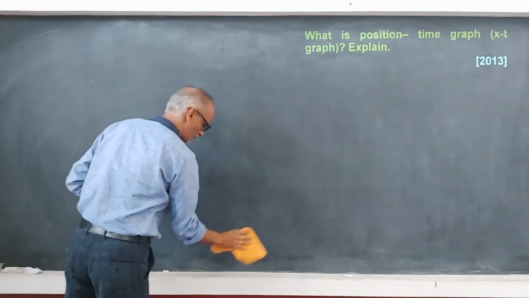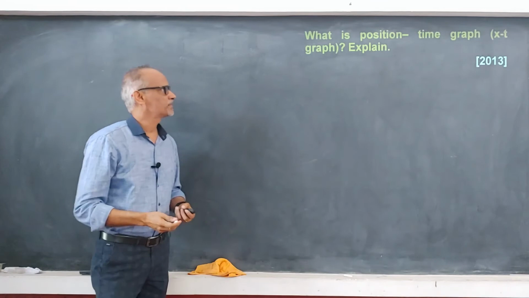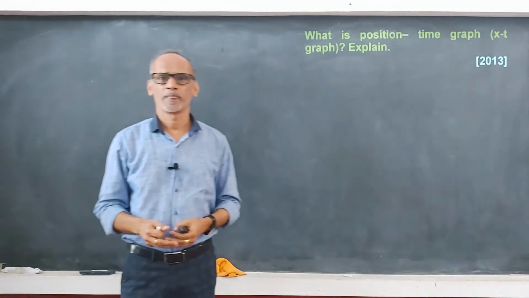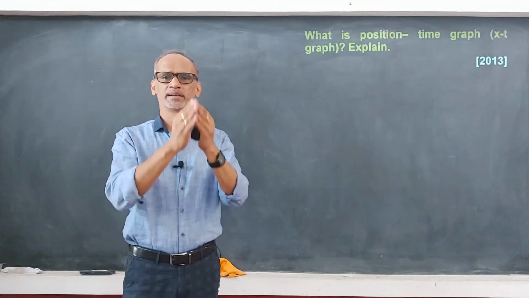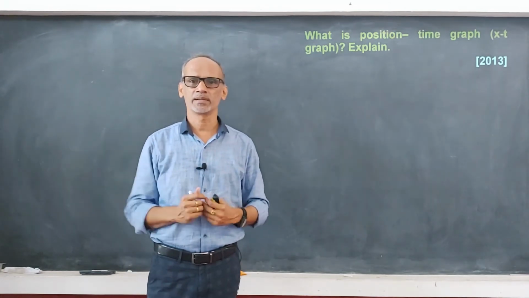Okay. So what is position time graph, xt graph? Explain. We have already learnt about the Vt graph. Velocity is taken along the y-axis, time is taken along the x-axis.